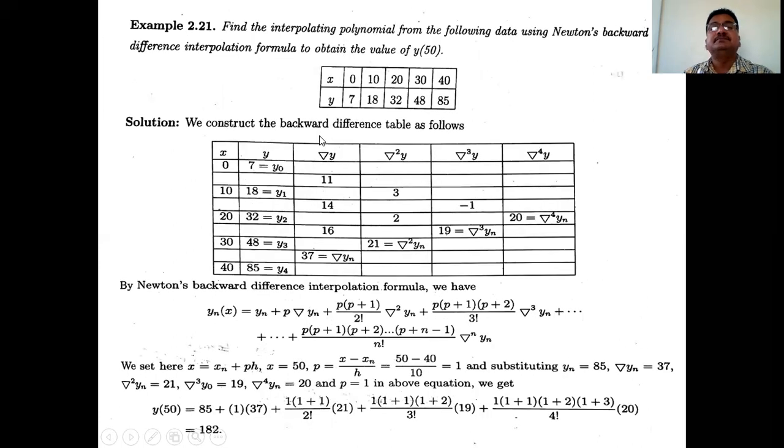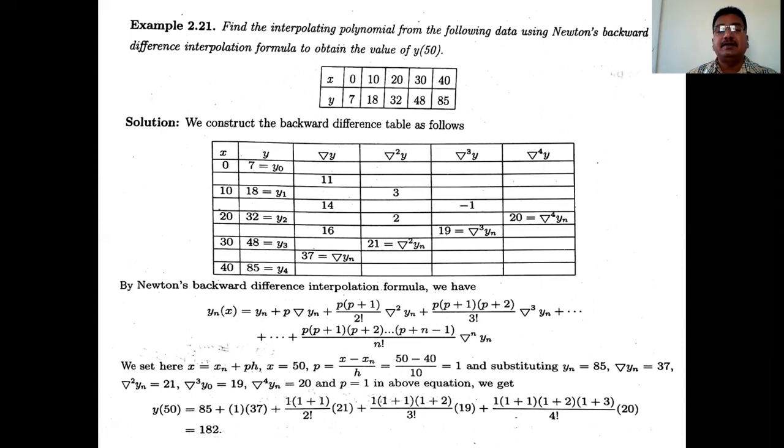So the next problem: find the interpolating polynomial from the following data using Newton's backward difference interpolation formula to obtain the value of y at 50.